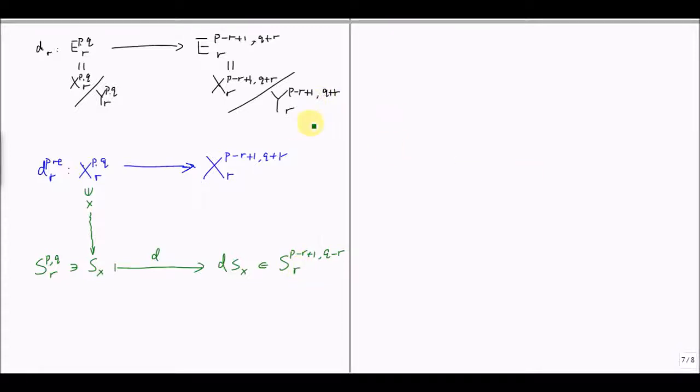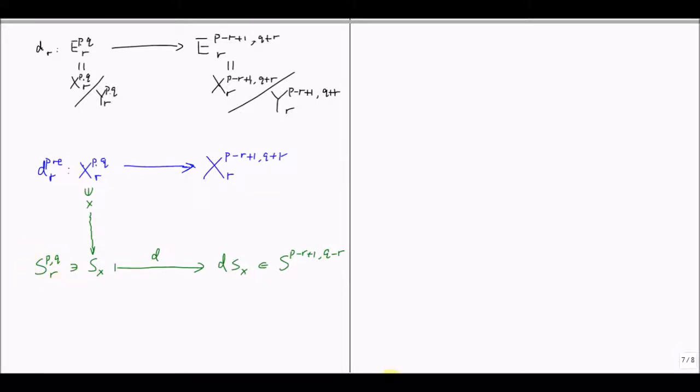So d sends elements in here to here by definition of r-closed pq strips.